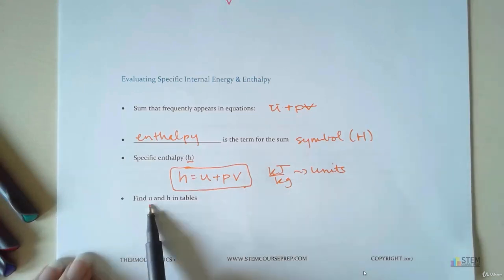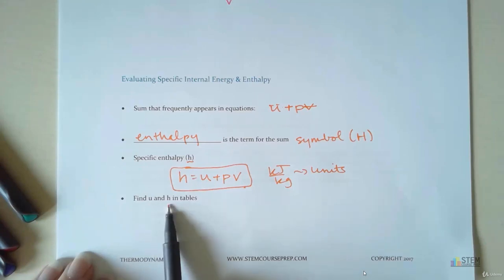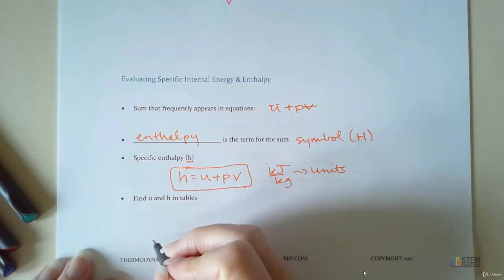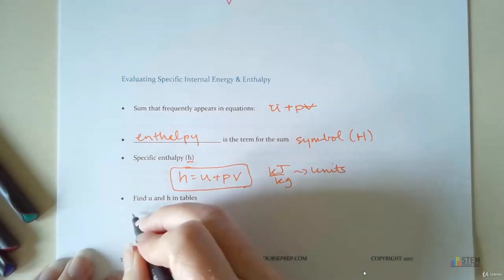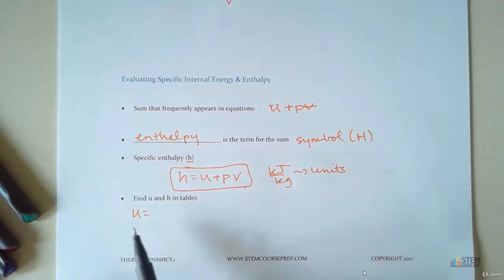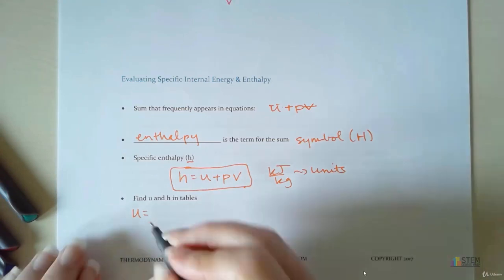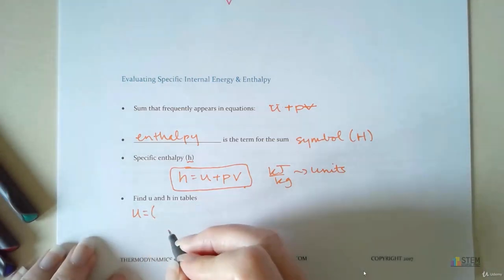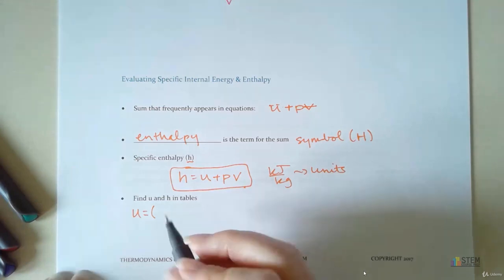Now, we can find the specific internal energy and specific enthalpy values in the tables. And just like with specific volume, we have an equation that we can use to figure out what the exact values of u and h are if we have a liquid vapor mixture. And those are going to be very similar to what we did for specific volume.